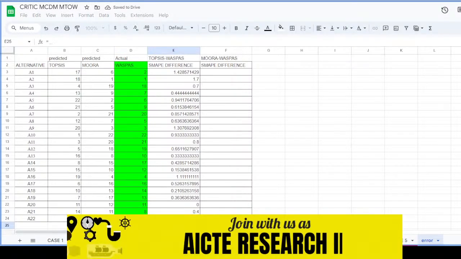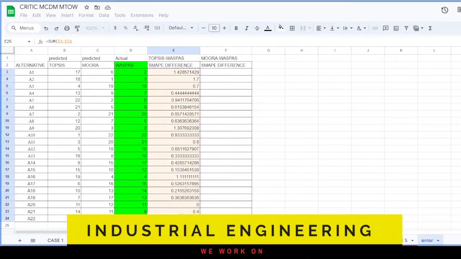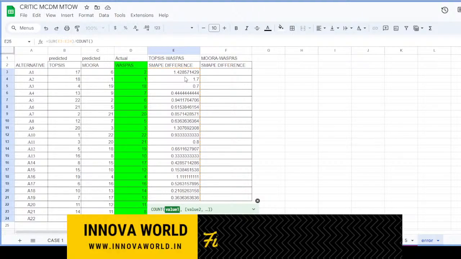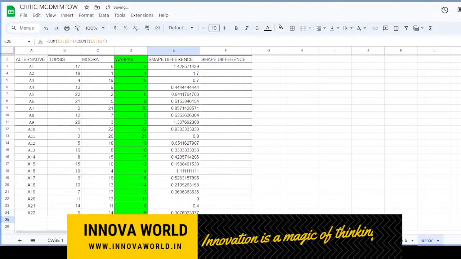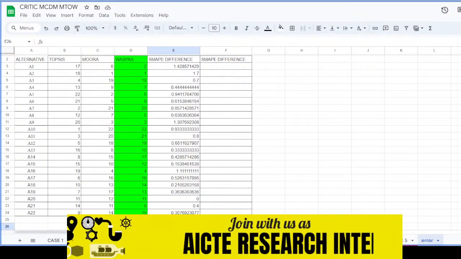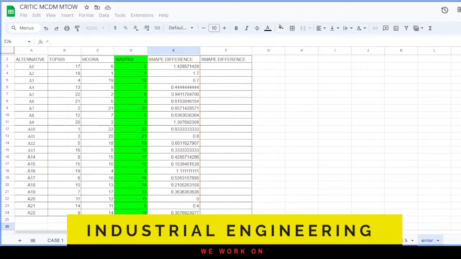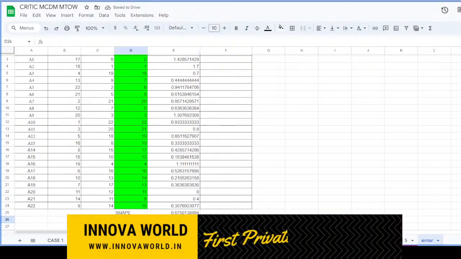the sum of all divided by the count. Now I'm getting this, and you can convert it into percentage if you want.